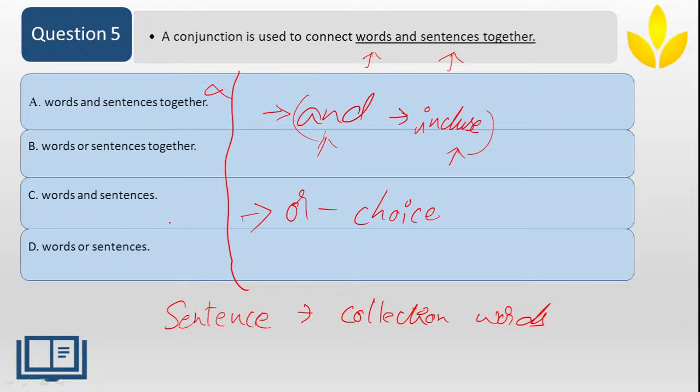So this is wrong. This is also wrong. Now we have to think about words or sentences together. Together means inclusive again. So we are not going to talk about sentences. Words or sentence is the correct answer.